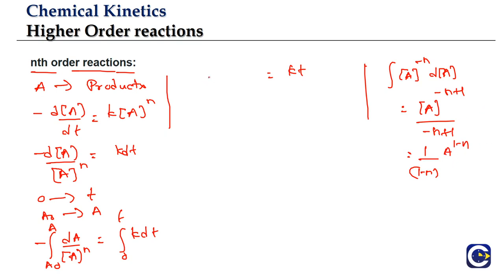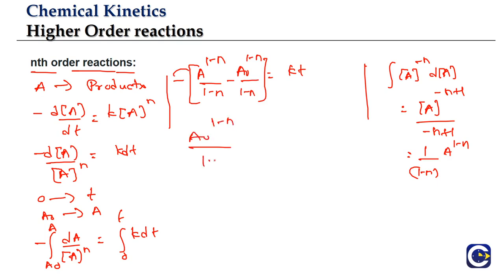So on substituting the value, what we will have is minus is there outside, a power 1 minus n by 1 minus n minus of a naught power 1 minus n by 1 minus n. So if you multiply the minus for both the terms, what we will overall be having is a naught power 1 minus n by 1 minus n minus a power 1 minus n by 1 minus n is equal to kt.